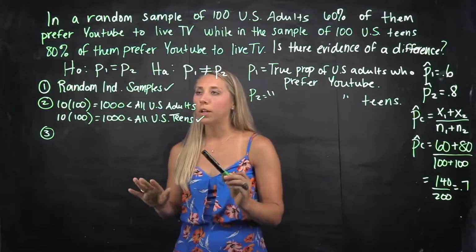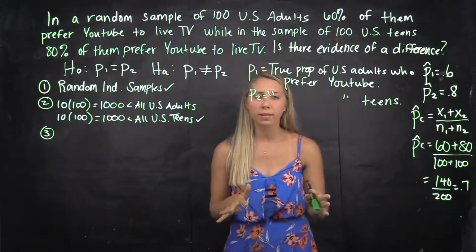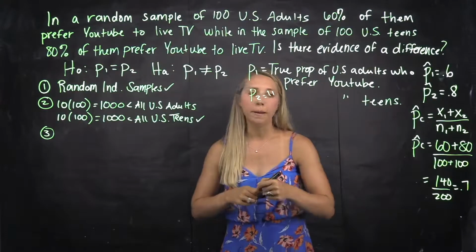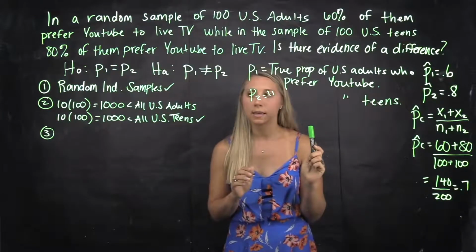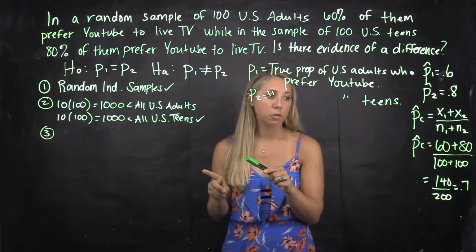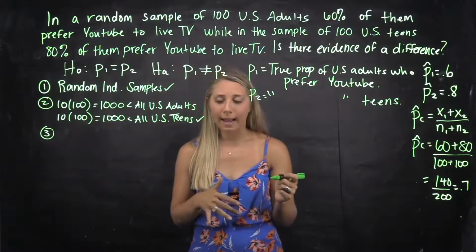So your conditions are the same, random independent samples, your large counts condition. The only thing that flips up a little bit is your large counts condition uses p hat sub c instead of individual p hats.